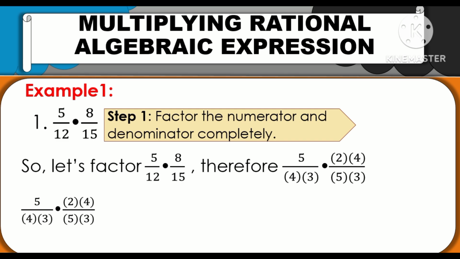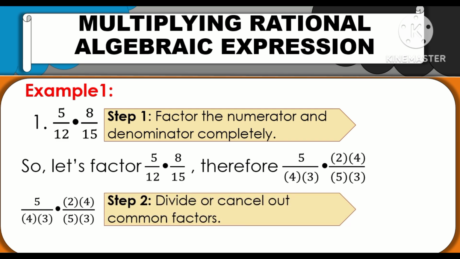Let's cancel out 5 in the numerator and 5 in the denominator. Divide or cancel out common factors.